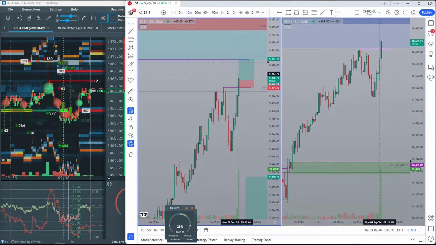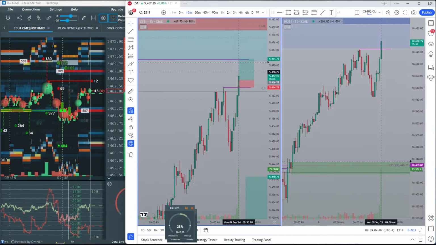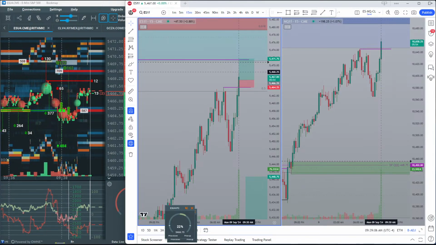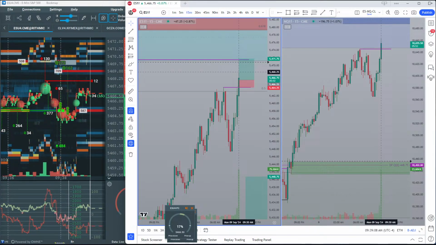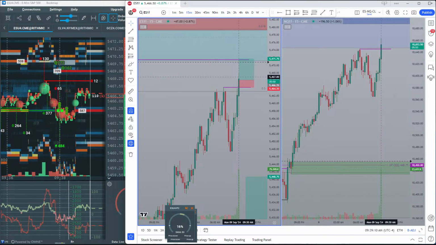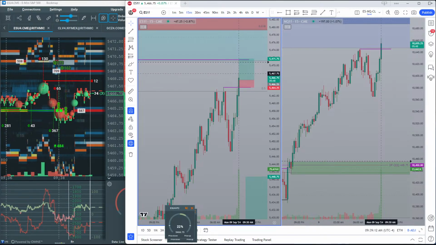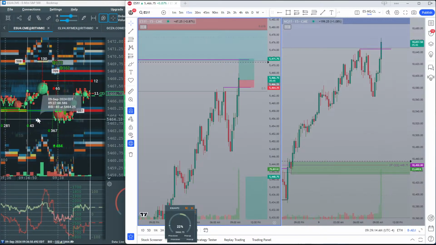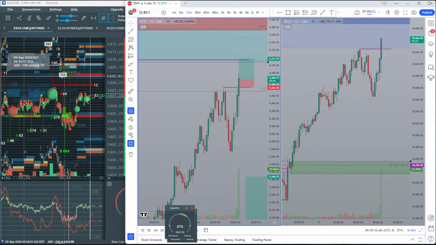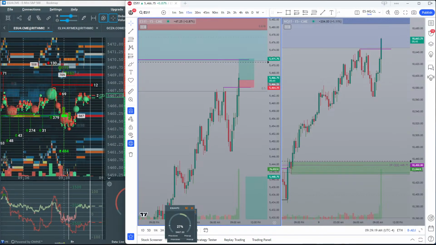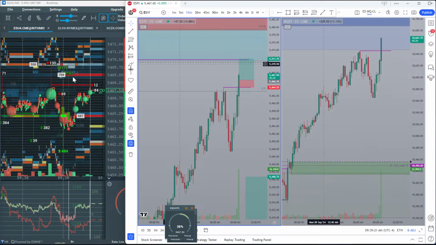Nah, it's having trouble. We'll see. I like the buyers stepping in here. Would like to see shorts underwater, so that would be great.